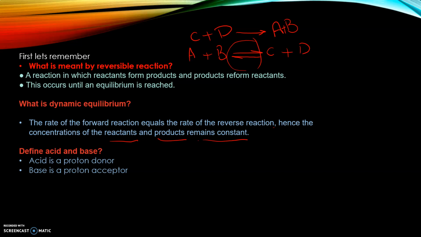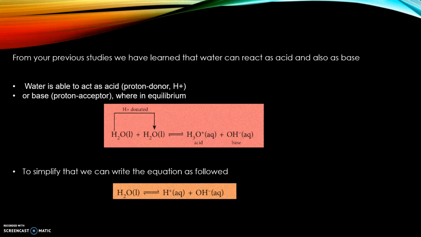Now let's go back a little and remember what we mean by acid and base. According to Arrhenius or Lewis Bronsted, we have learned that an acid is a proton donor and a base is a proton acceptor. If we apply that to water, from the many reactions you have studied in previous years, you have learned that water can work as an acid and as a base.